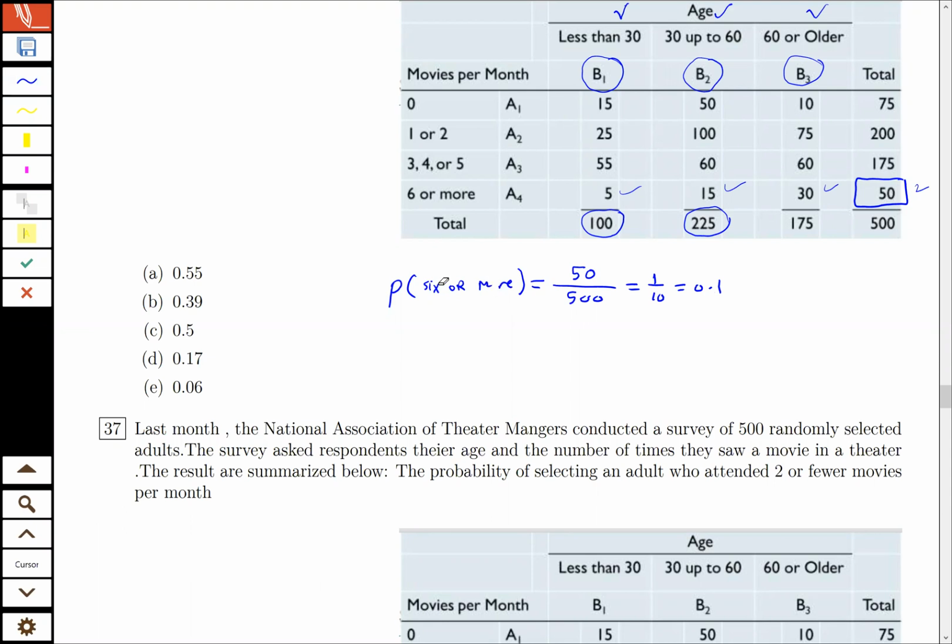Actually, that's the event A4. You can say the probability of A4, who watch 6 or more.